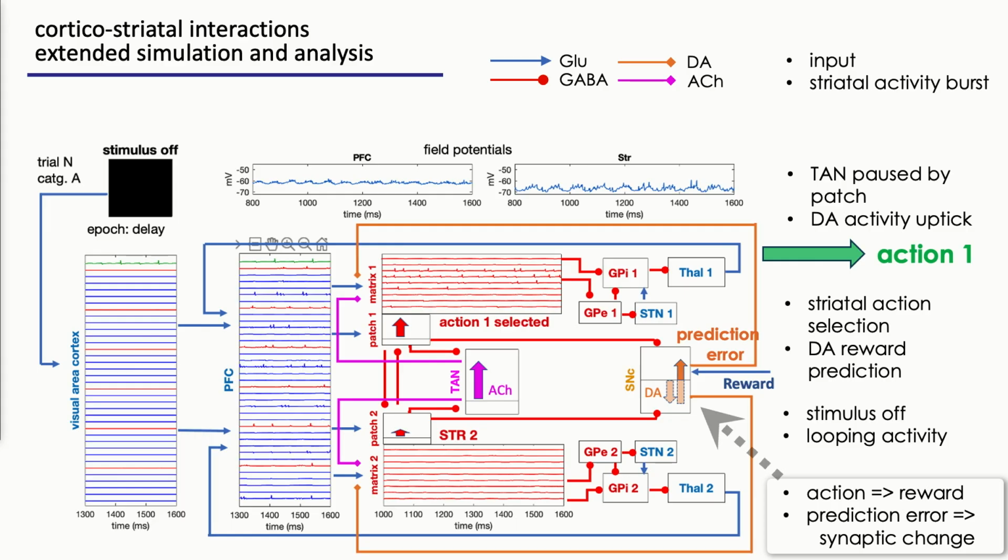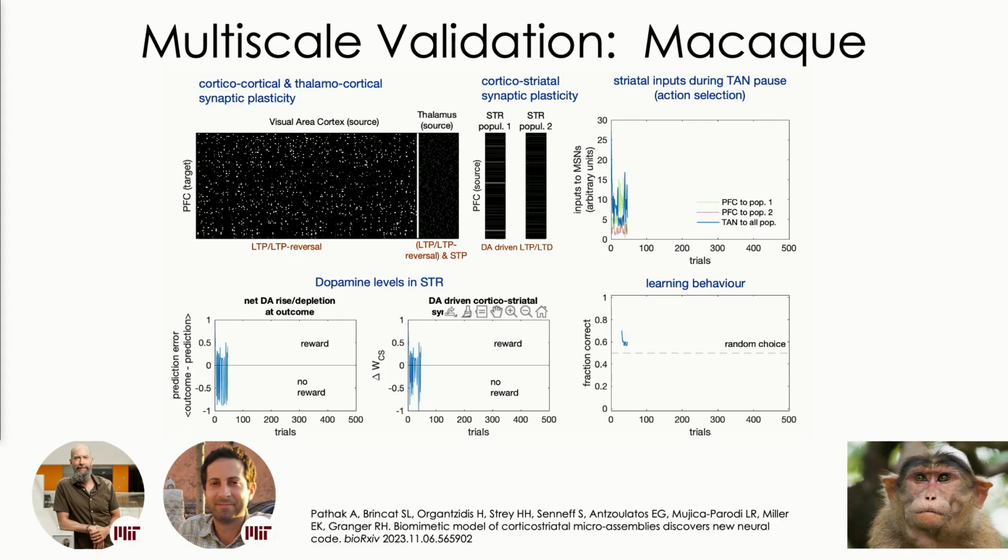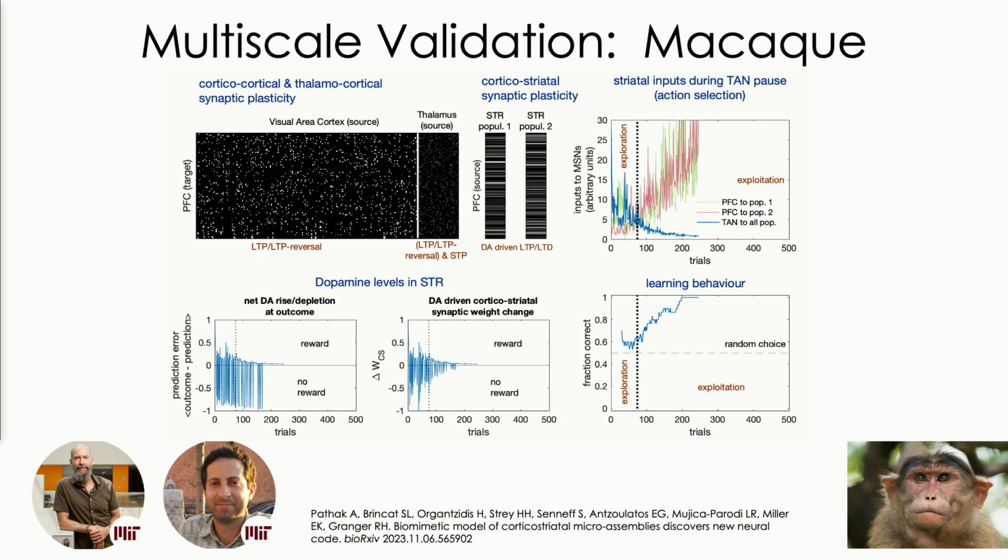This is, again, all the way, starting from the spiking neuron scale, all the way up to what will be measured with the local field potential scale, and then through that to behavior. So these different components were assembled from the literature.